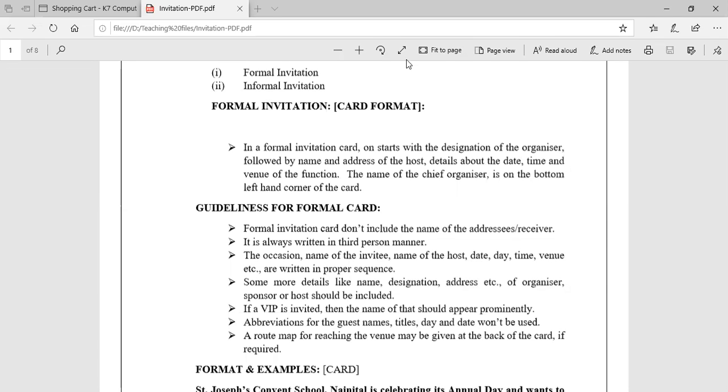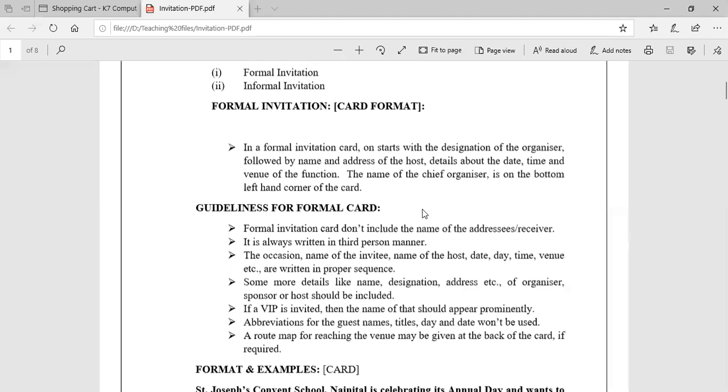Some problem, my dear. Rosen, you can check it. Otherwise, you can open it. Already I have shared it with you. You can also open the PDF document. Are you all seeing the display? Yes, sir.